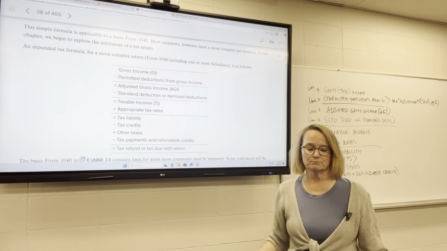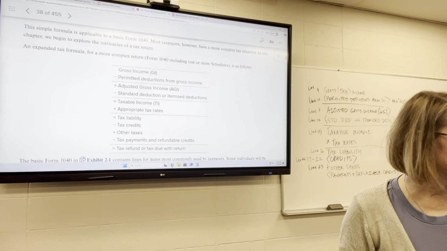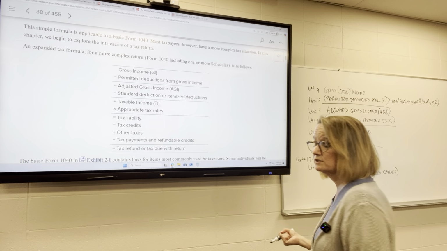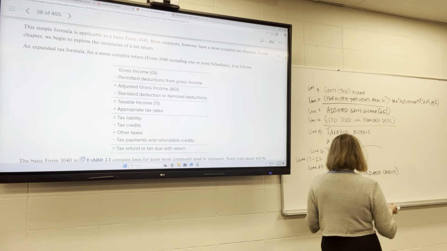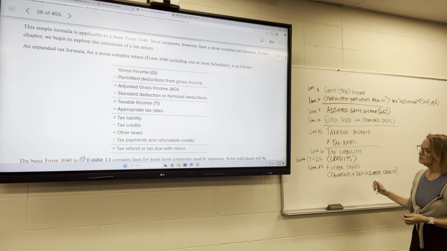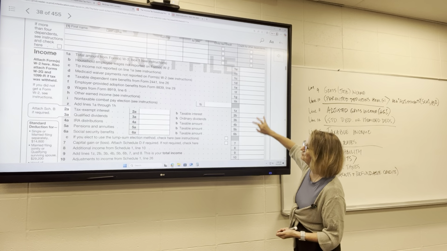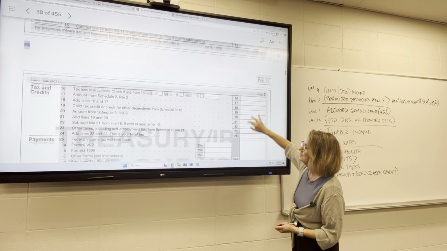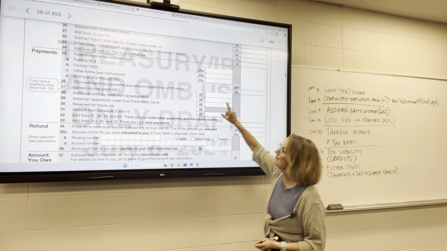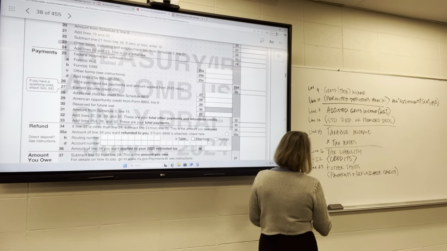Non-refundable credits can't bring your total tax liability below zero. Refundable credits, though, act just like payments, as though you paid cash. Those can bring your taxes down below zero so that you get a refund even if you didn't have a tax liability. So these show up on lines 25 through 33.